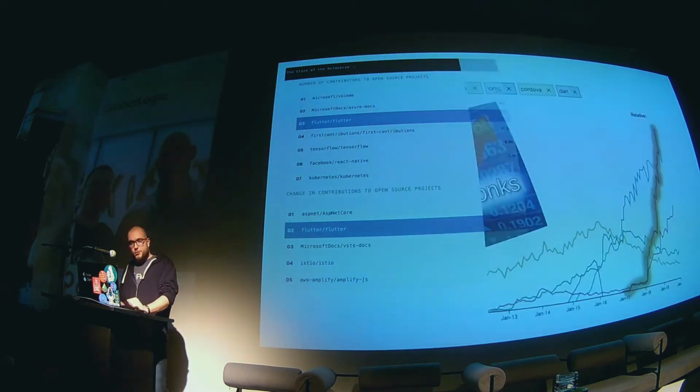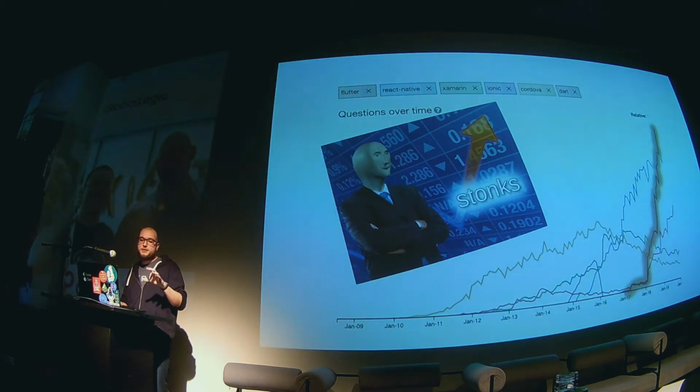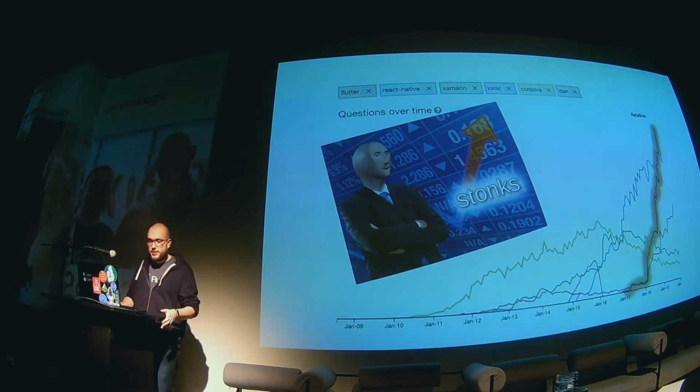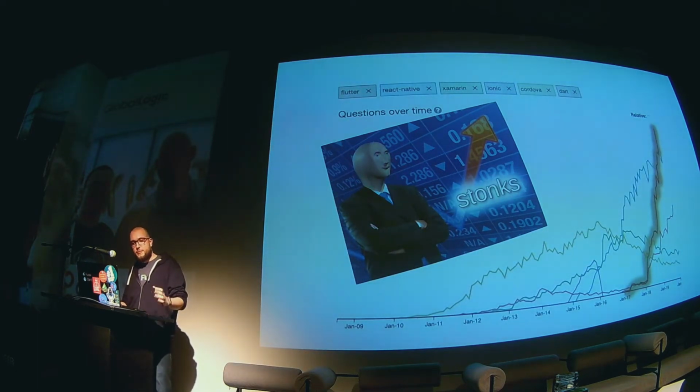And also here you can see a graph showing questions over time on Stack Overflow using certain tags on the portal. And here you have Flutter, React Native, and Xamarin, Ionic, Cordova. And you can see that Flutter rose to the same level as React Native in the number of questions. And I want to point out one thing.